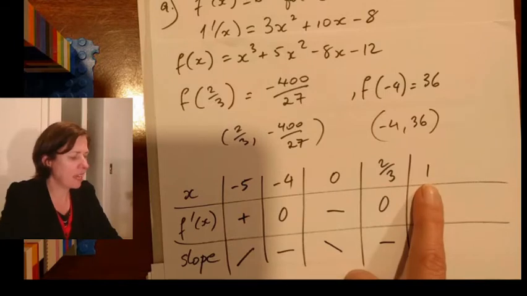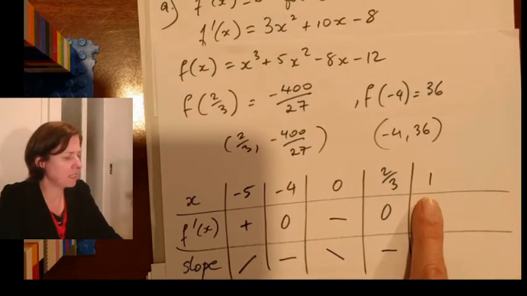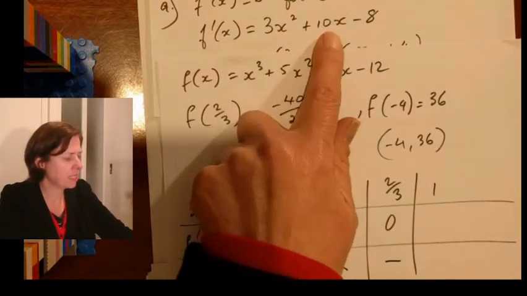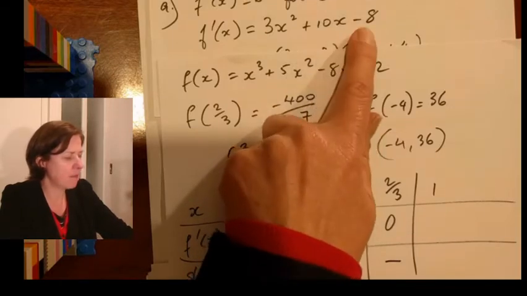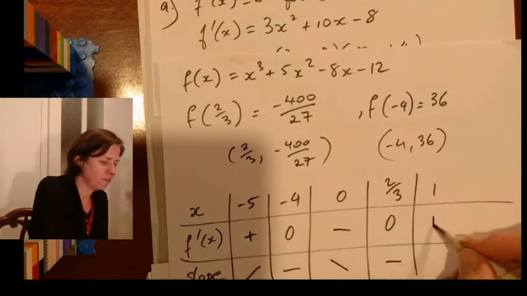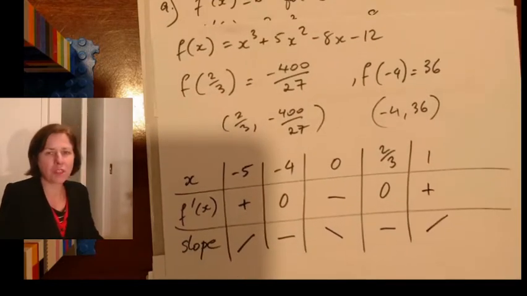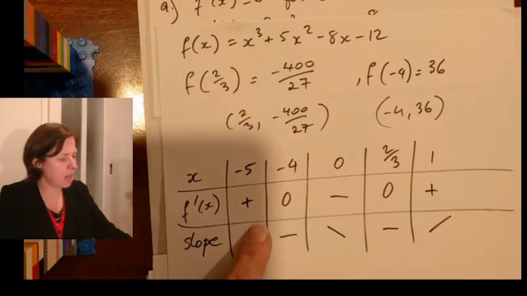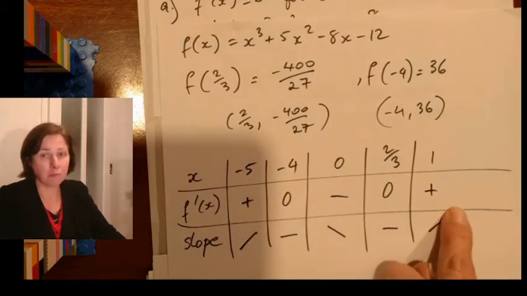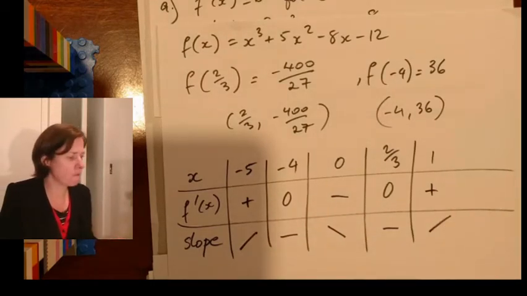And so when x is 1, f dash of x is going to be 3 plus 10, that's 13, minus 8, which is a positive value, okay? Which means my slope looks like that. So now what this does is it gives me the shape up, down, up. And this will help me to sketch, okay?